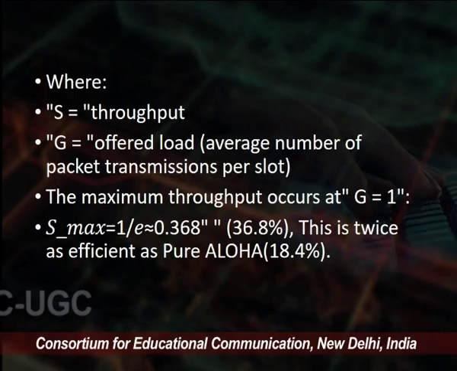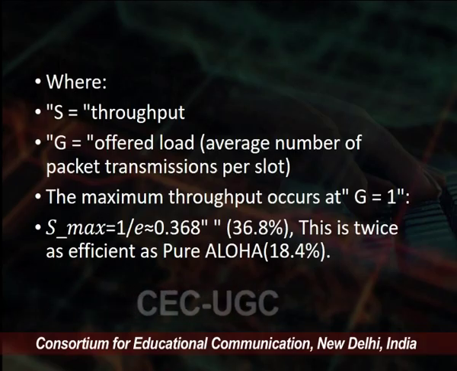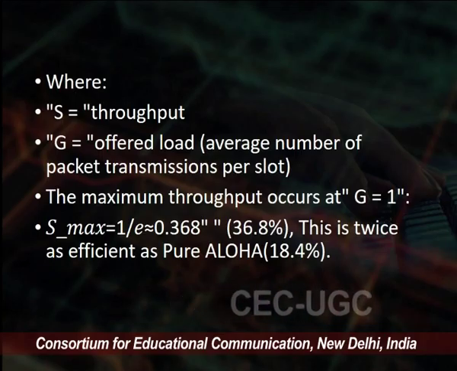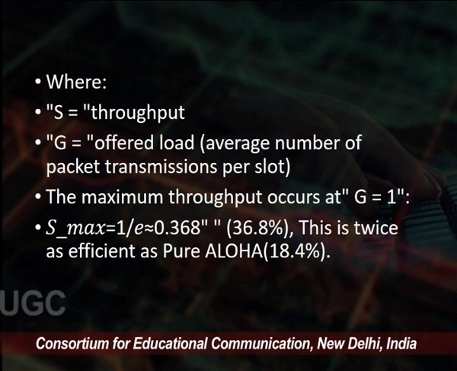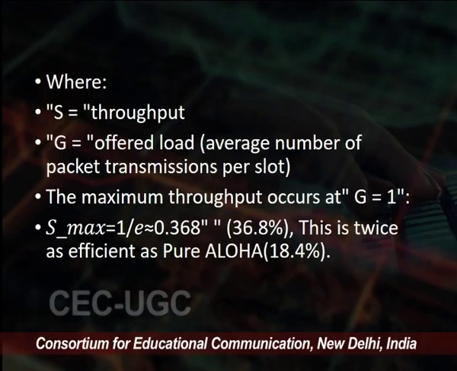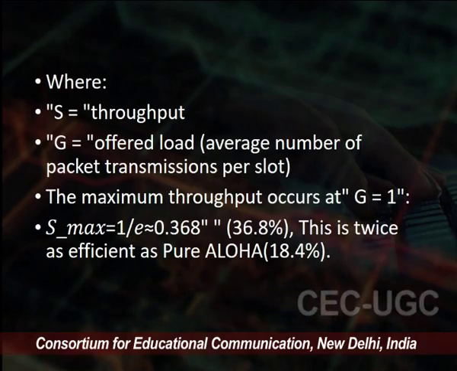So great, that means we have doubled the efficiency, but again this 36.8% efficiency is, as I have told you, not very impressive. So we need to look into more efficient protocols, and in any case slotted ALOHA is an old protocol, introduced in 1972.